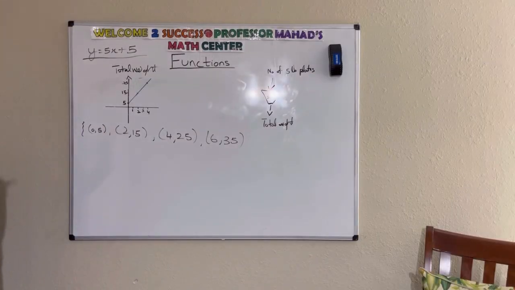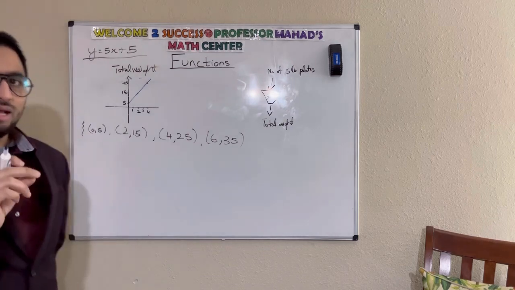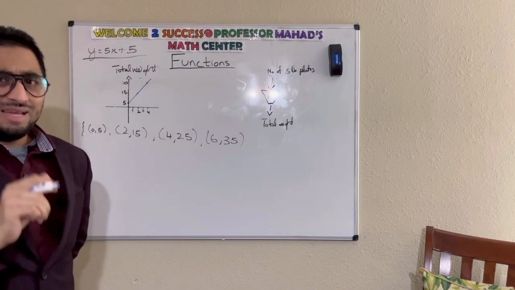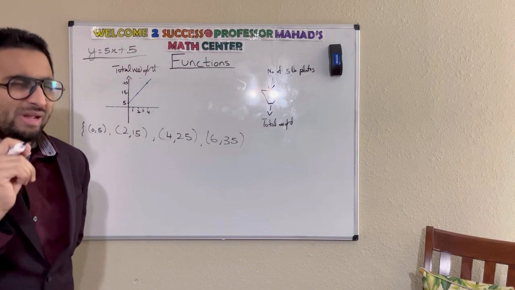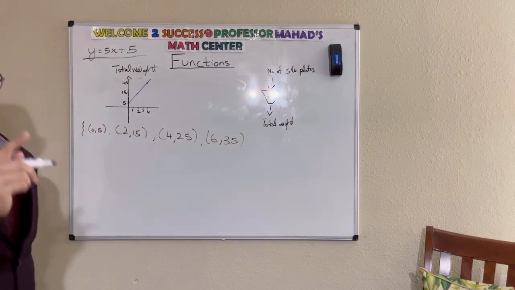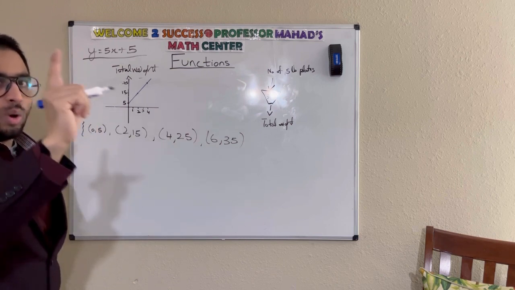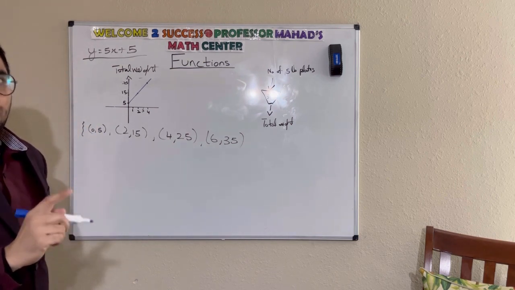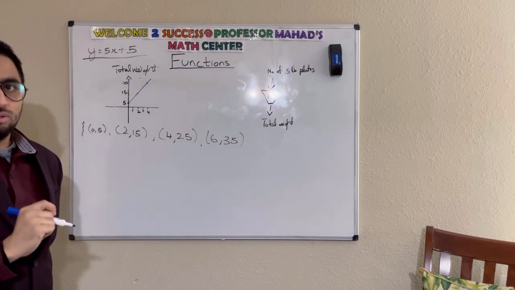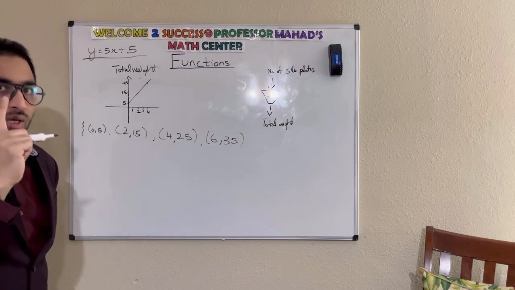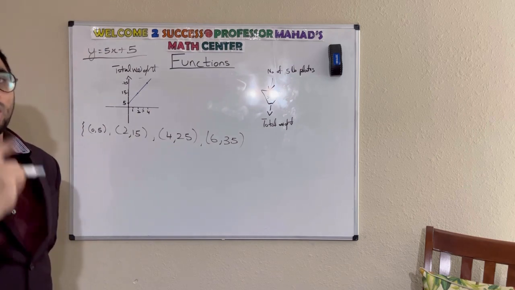To qualify as a function, the first thing is that every input, or every x value, should have only and only one y value, okay? Every x value should have only one output, one y value.